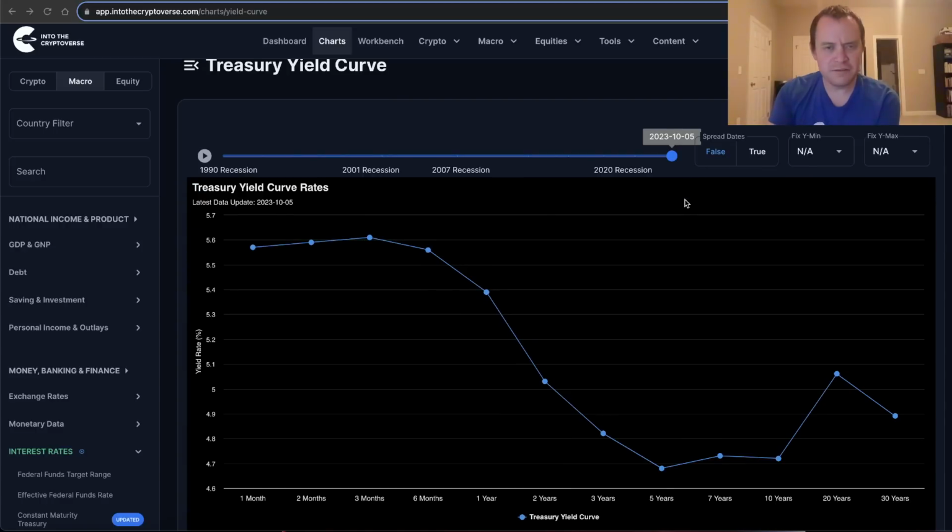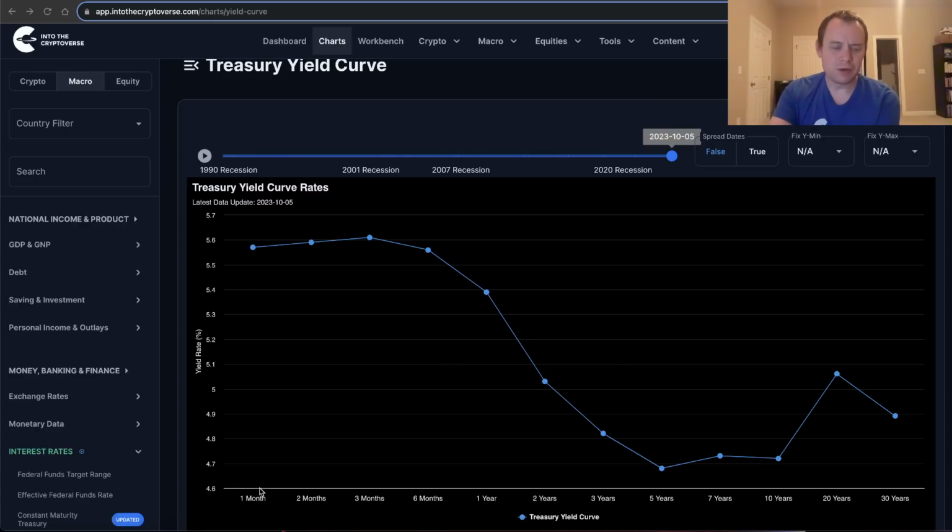Okay? So this is what the yield curve looks like right now. And if you're unfamiliar with the yield curve, you should know that the way that it looks right now is not how it normally looks. And fundamentally, we can understand why, right? At the short end of the curve, so like 1 month, 2 months, 3 months, you're actually getting higher annualized yields than you are at the long end of the curve. Again, these are annualized yields.